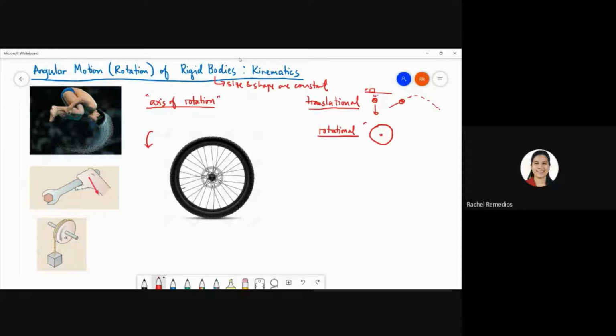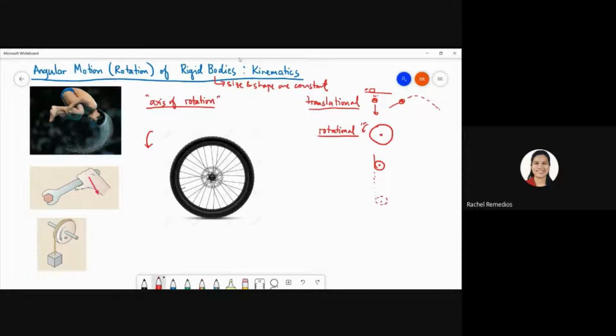So ito, for example, pwede siyang umikot na ganyan. Okay? Later, pag ito na dito, ito, constant pa rin pala yan. So let's say, for example, yo-yo. So si yo-yo, di ba, merong time na iikot siya, and then itong axis of rotation niya, pwedeng magbago din, andito na ngayon. Okay?